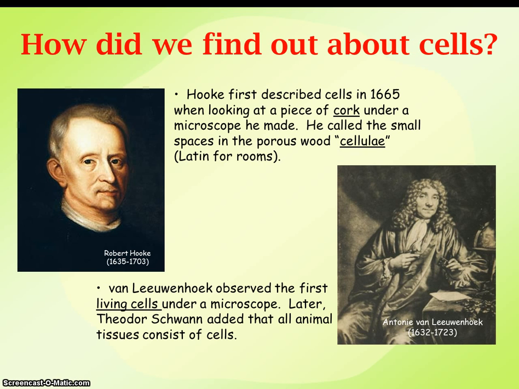And then after him, Schwann came along and added on animal cells. So Leeuwenhoek looked at living cells, and later Schwann described animal cells. But Hooke was the very first one to talk about cells, coming up with the name of them, how things are made of these small little compartments or cells.